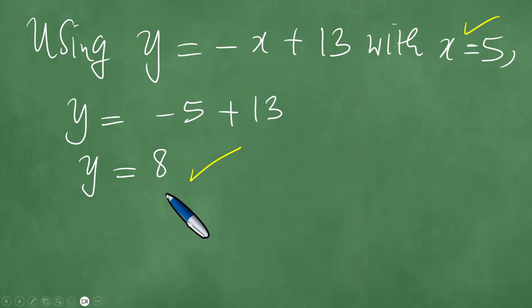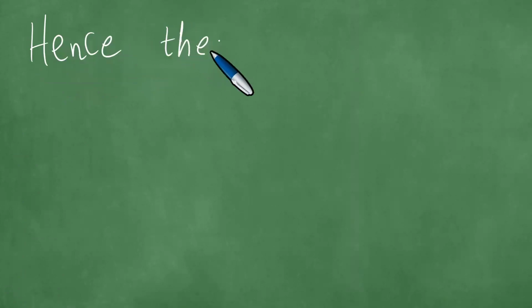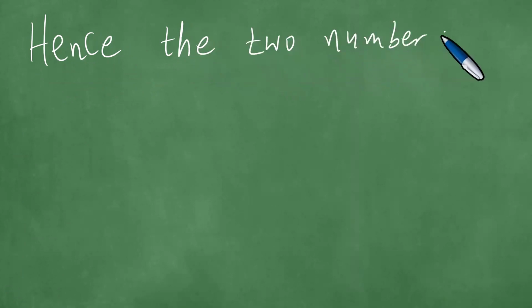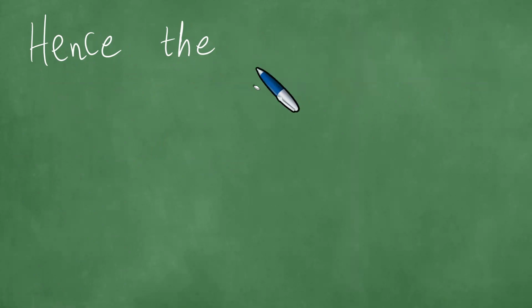And so now we can conclude that hence the two numbers are, let's put it like this, hence the smaller number.